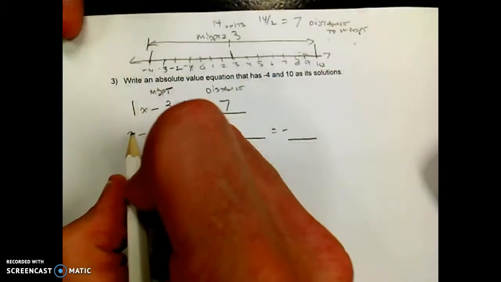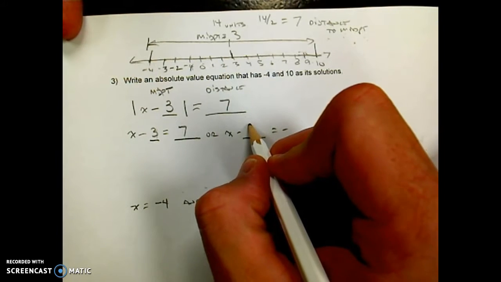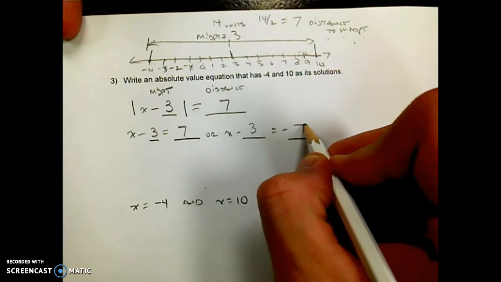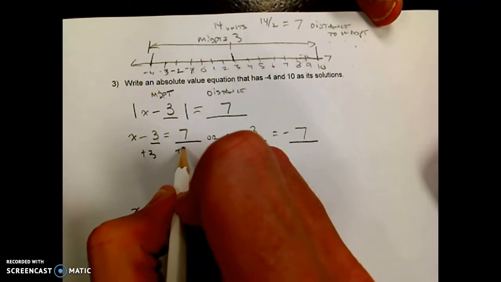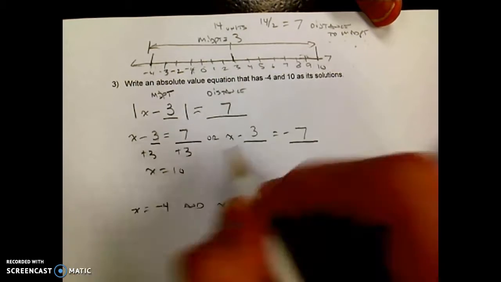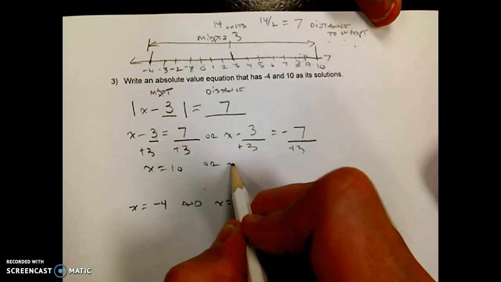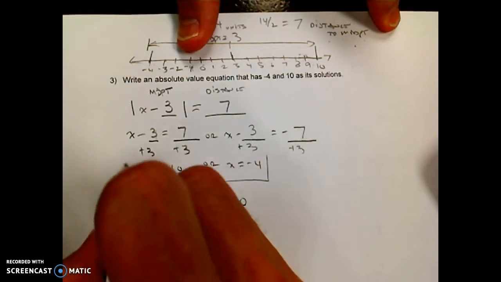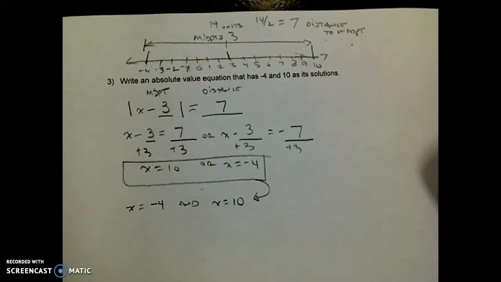Let's see if this works. x minus 3 equals 7, or x minus 3 equals the opposite of 7. Solving these, plus 3, x equals 10. Or, plus 3, x equals negative 4. I can see that those are the answers that we were shooting for at the beginning.